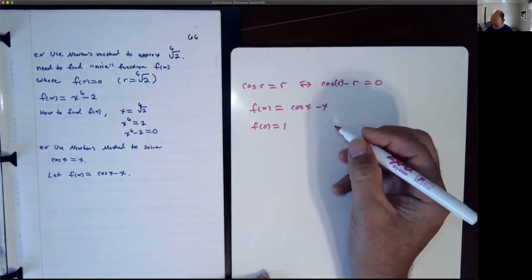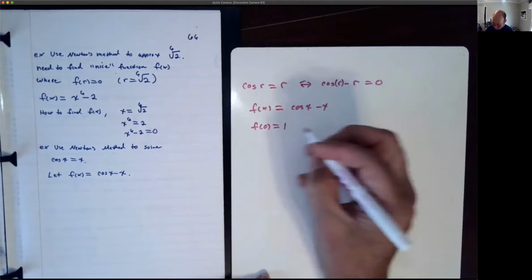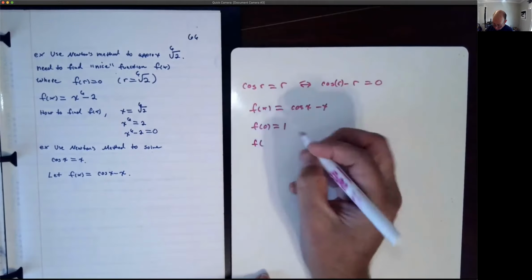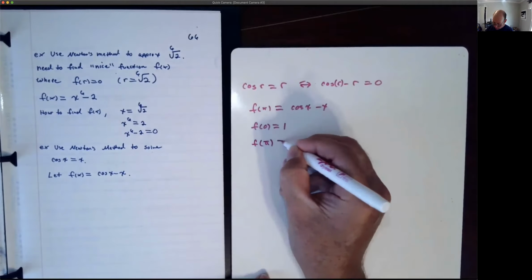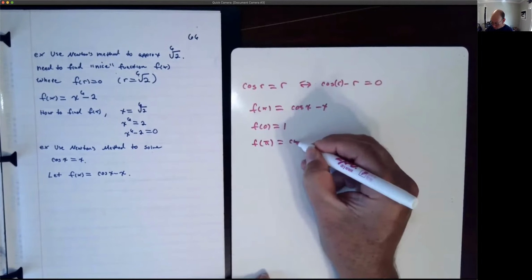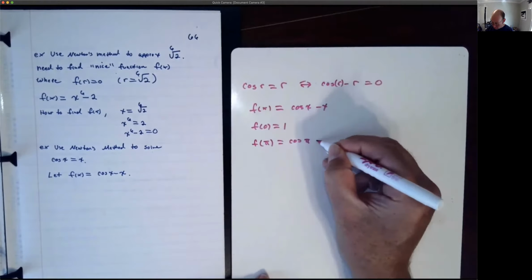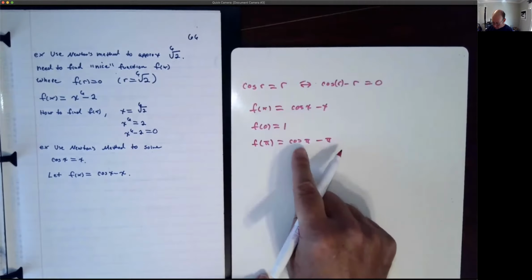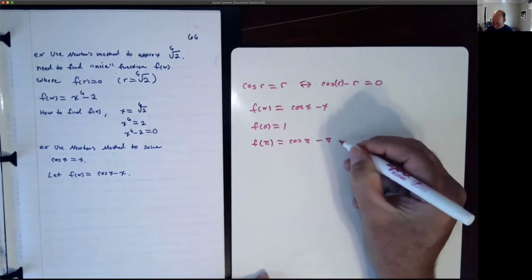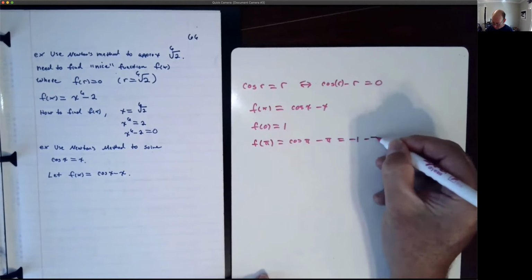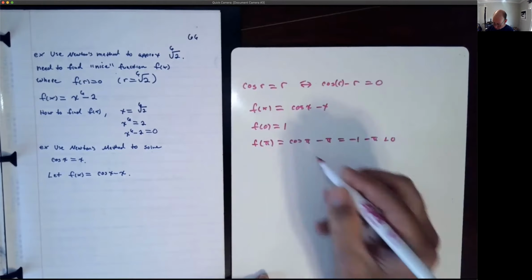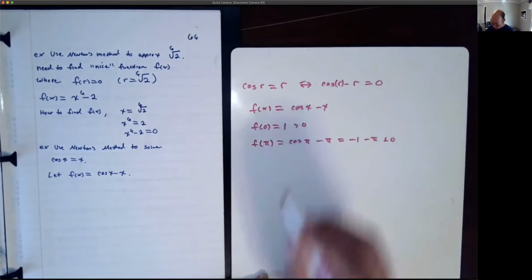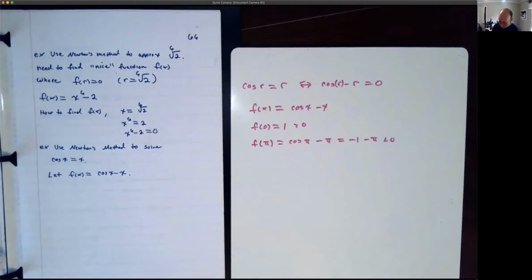Let's try, and we can use our calculator. Let's try f of pi. So f of pi would be cosine of pi minus pi. So that's -1 minus pi, which is definitely less than 0. So there is a root between 0 and pi by the intermediate value theorem.